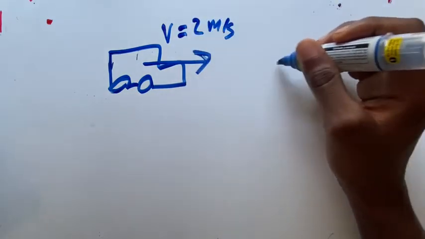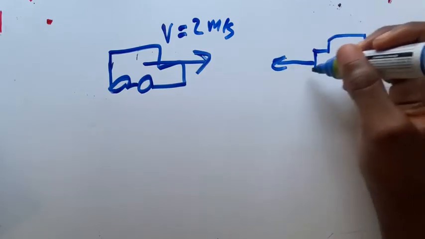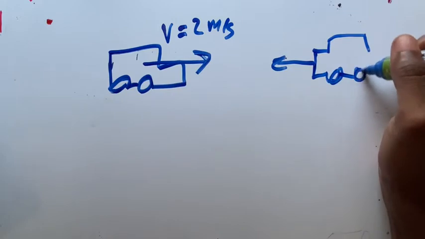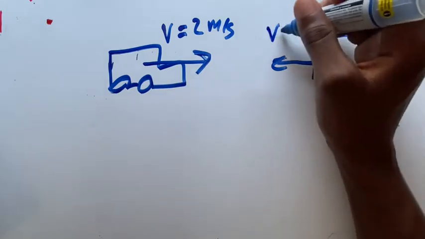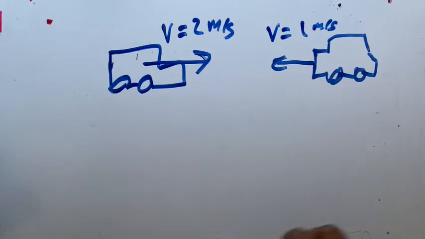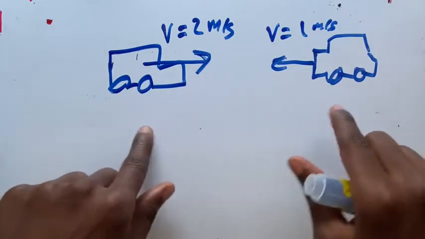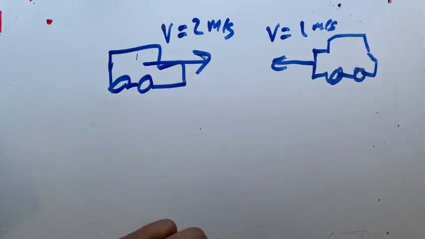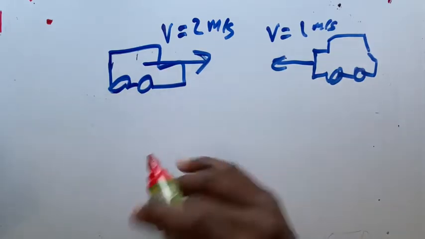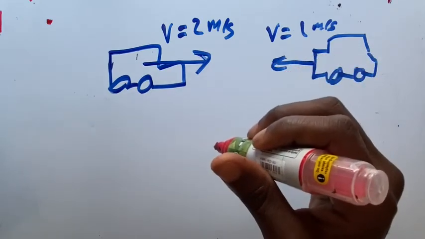Then we have another one going to the left with 1 meter per second. And so here, since there are no outside forces, we can use the conservation of momentum, which just says the initial momentum equals the final momentum, right?